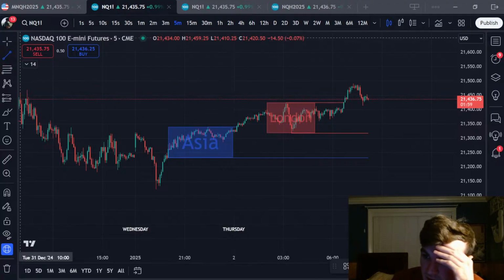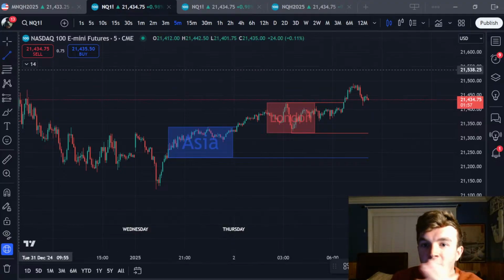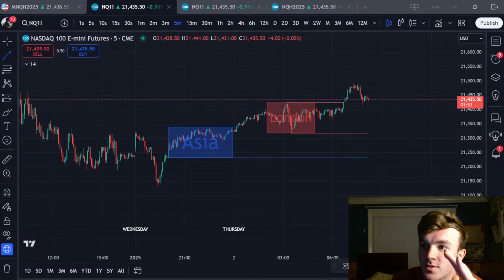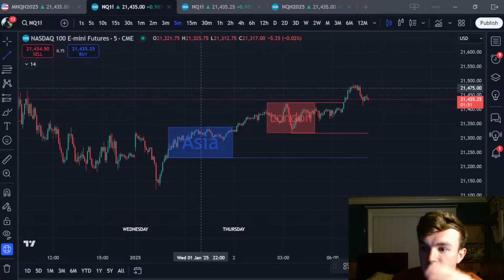Oh man, I'm just trying to figure out, if it's not an obvious key level, I definitely shouldn't use it, if that makes sense. I should only use obvious key levels.